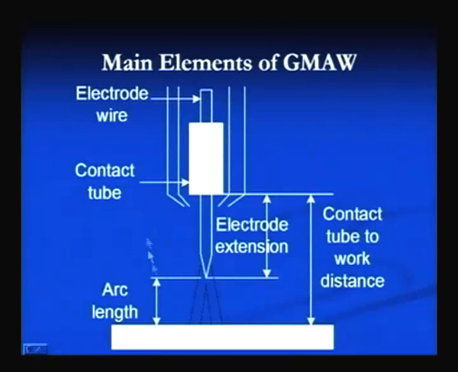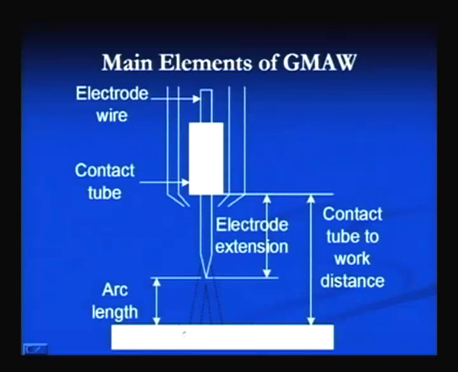So, these are the main elements. There is one more distance, known as the nozzle to workpiece distance. This is the distance from the end of the nozzle to the workpiece, and it is important from the point of view of nozzle life. An optimum distance is required between the nozzle and the workpiece.